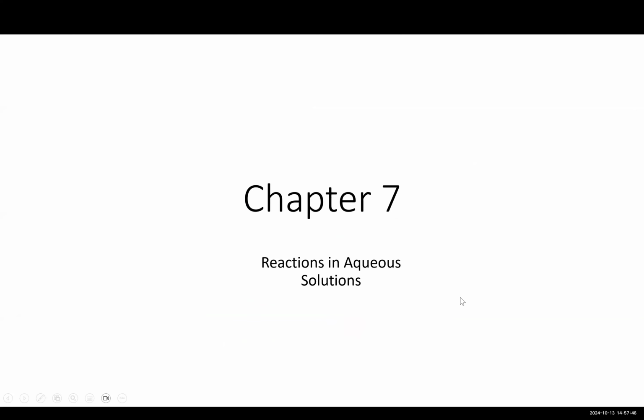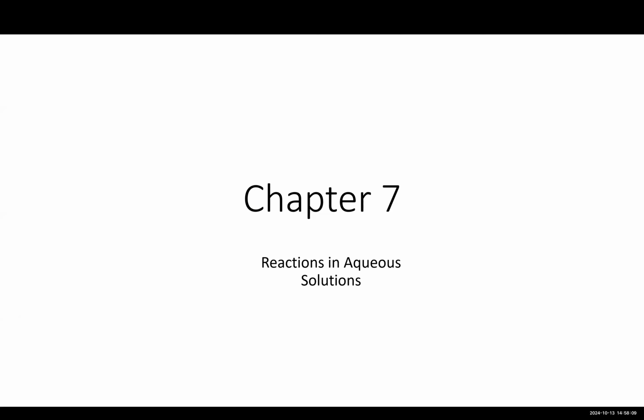Chapter 7 is about chemical reactions in aqueous solution. Basically, a reaction can occur in any environment, in the air or in a solid mixture. But for chapter 7, the environment of the reaction is going to be water.